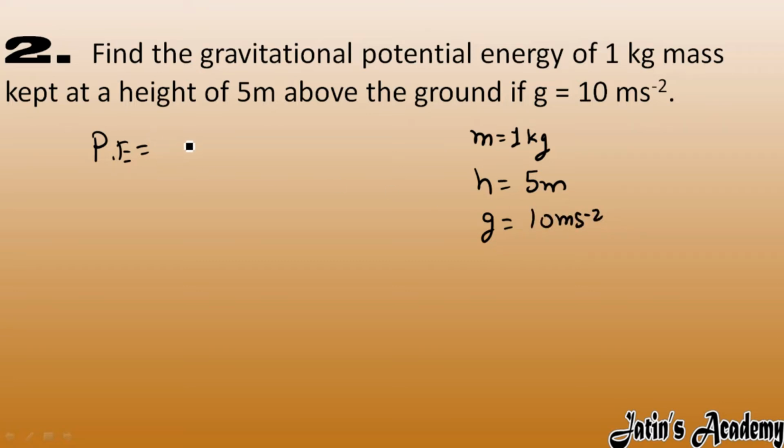The potential energy formula is mgh. Mass value we have 1, g value we have 10, h value we have 5. So here we got 50, and the SI unit of gravitational potential energy is joule, as it is a form of energy. So 50 joule is the answer.